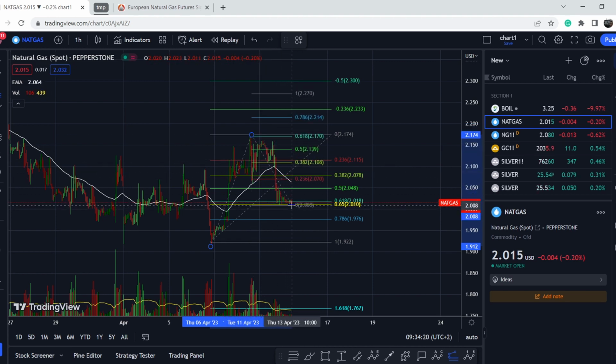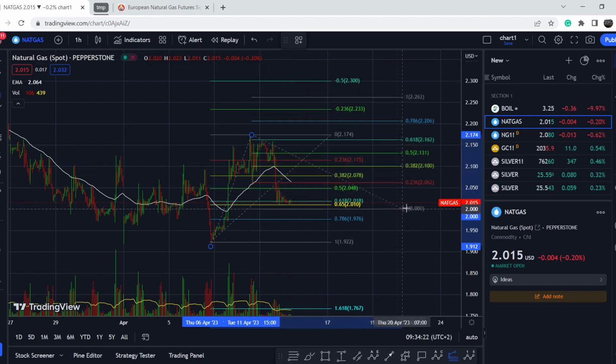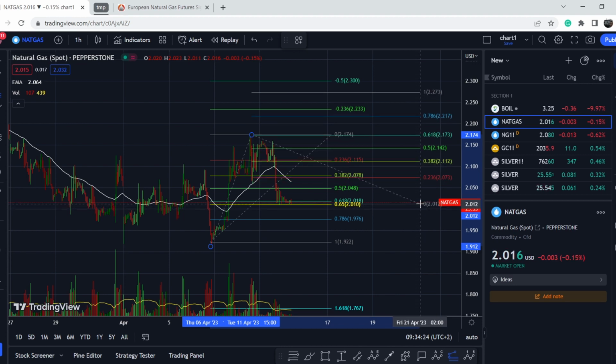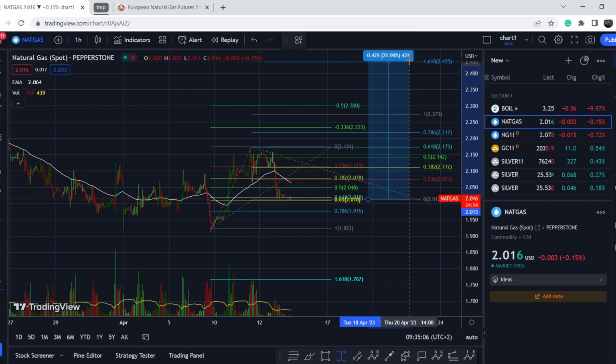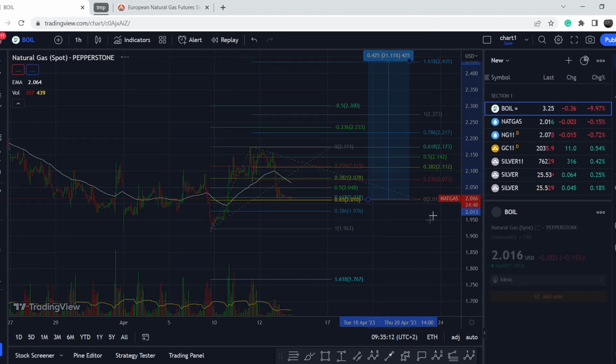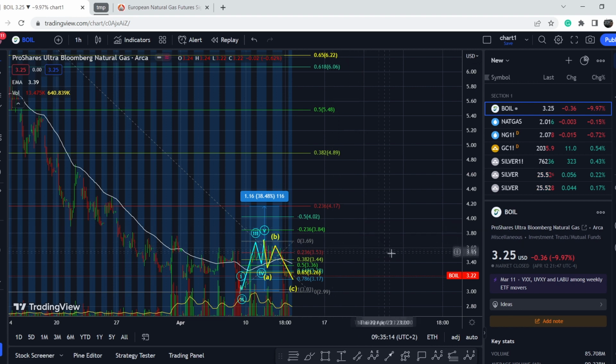With the assumption that it will not break this range, the medium-term price target is 1.618 at the price point of $2.4, which implies about 21% of potential profit on this price chart. And let me show you how much profit we might have in our BOIL ticker symbol.